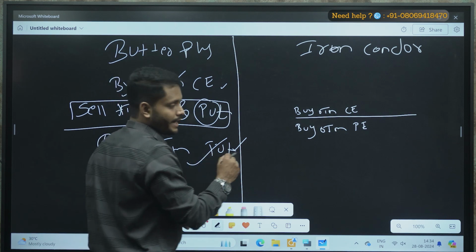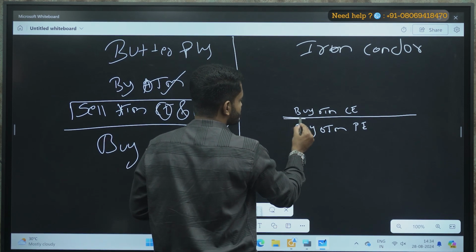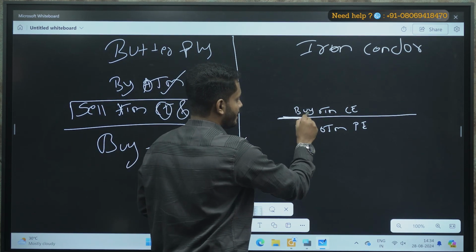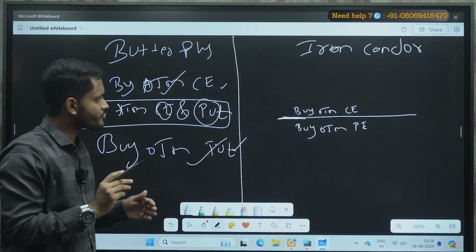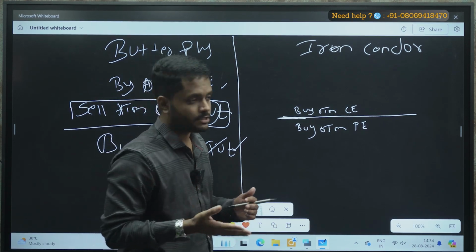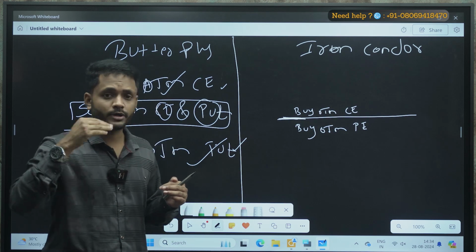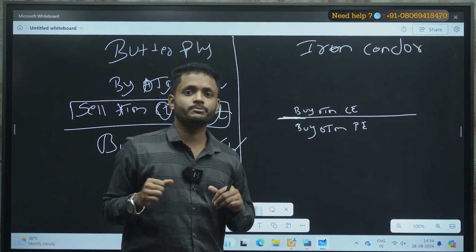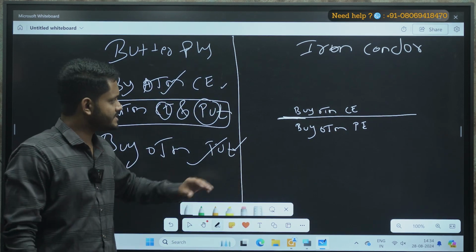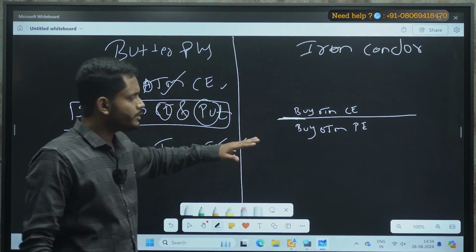In strangle, I bought the ATM call and put, correct? But in case of iron condor, I will buy 1 strike OTM call and 1 strike OTM put. That 1 or 2 is subjective, you can go 3 strikes, it depends, but it should be equidistant. In case of iron condor, usually it is equidistant. If you are buying a 2 strike OTM call, buy a 2 strike OTM put.